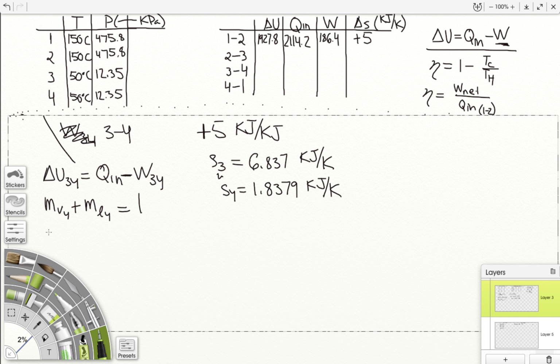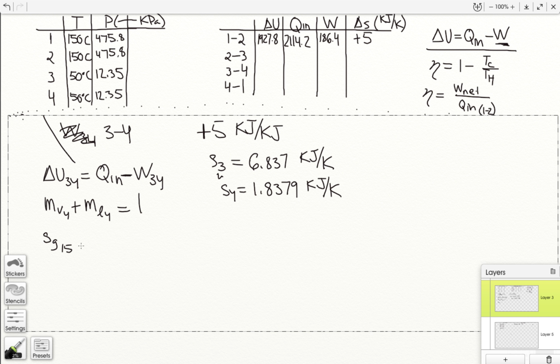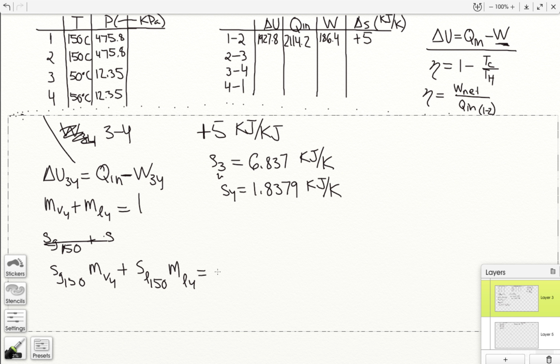Now I also know that s_g at 50 degrees Celsius times the mass of the vapor at state 4 plus s_L at 50 degrees Celsius times the mass of the liquid at 4 is equal to 1.8379.